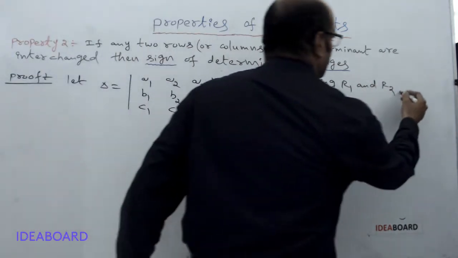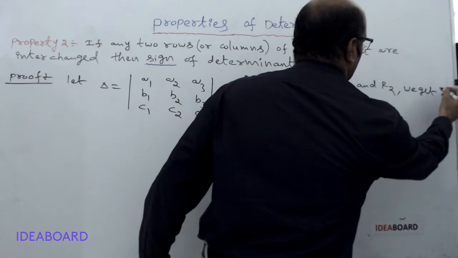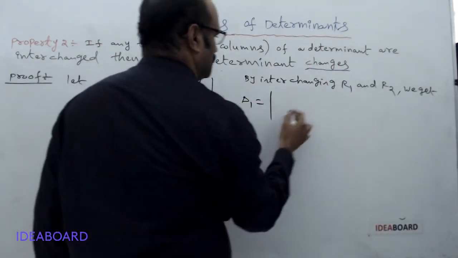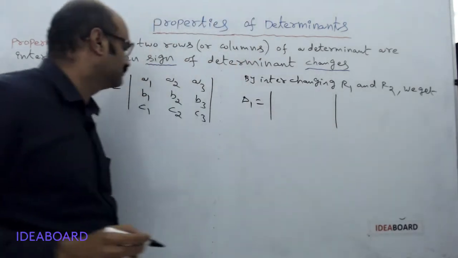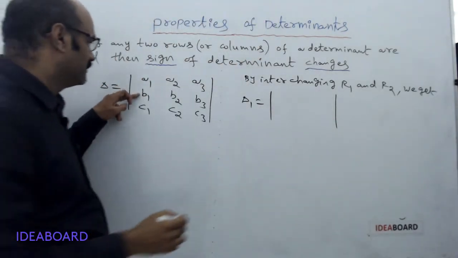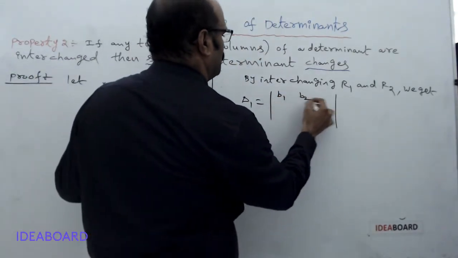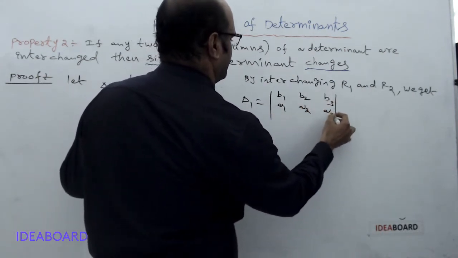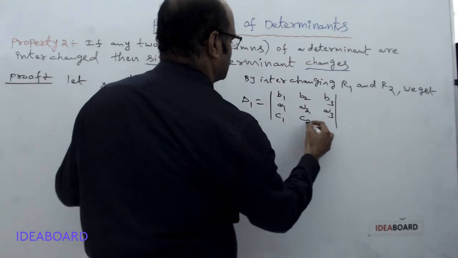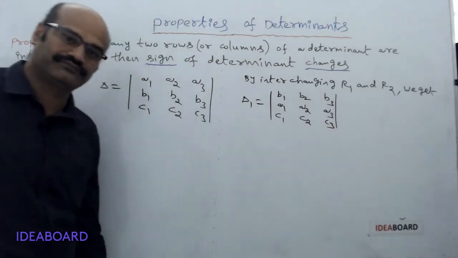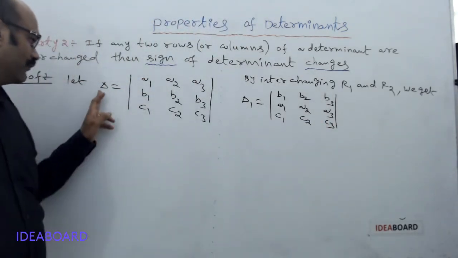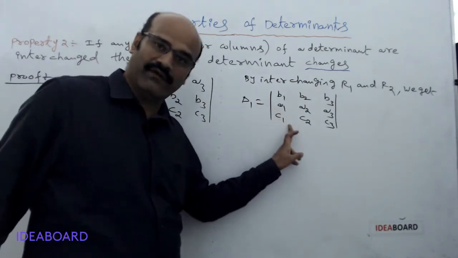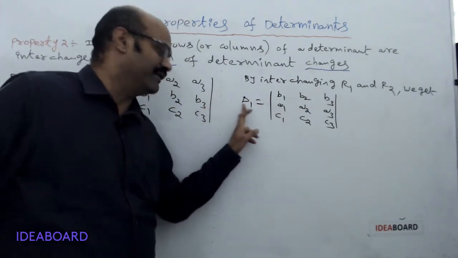We get delta 1 equal to the determinant of B1, B2, B3, A1, A2, A3, C1, C2, C3. Now we have to find the value of delta and the value of delta 1, then verify here.